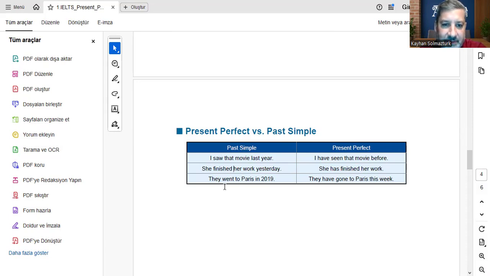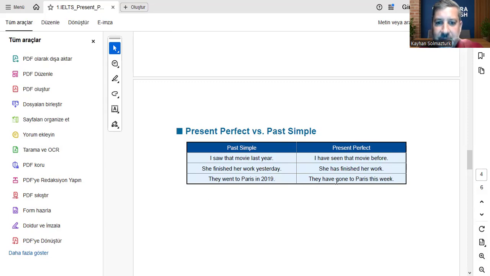The third sample sentence is: they went to Paris in 2019. Very good. Look, there's a specific point, 2019. And: they have gone to Paris this week. This means this week hasn't finished yet, so the time hasn't been completed. So they are still in Paris and they're not back in their hometown.